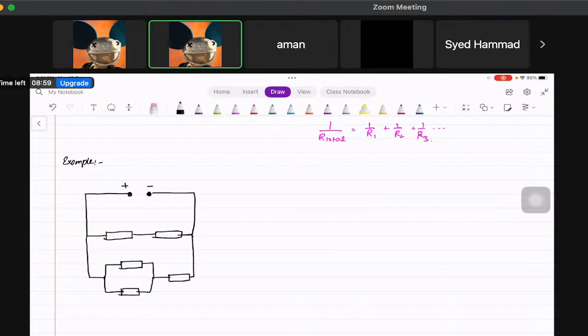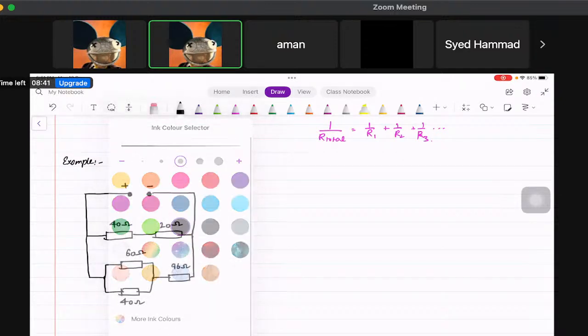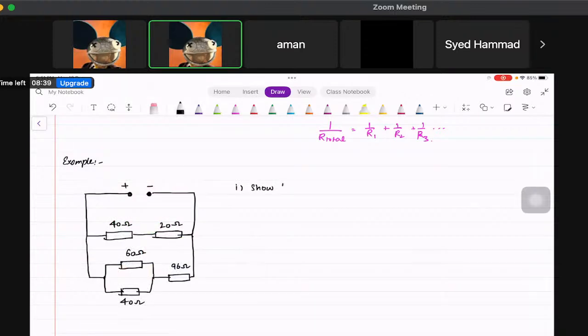Now this is 40 ohms, this is 20 ohms, this is 60, this is 40, and that's 96 ohms. First of all, in this question they say show that the network of resistors has a total resistance of 40 ohms. Alright, so this is given to you.